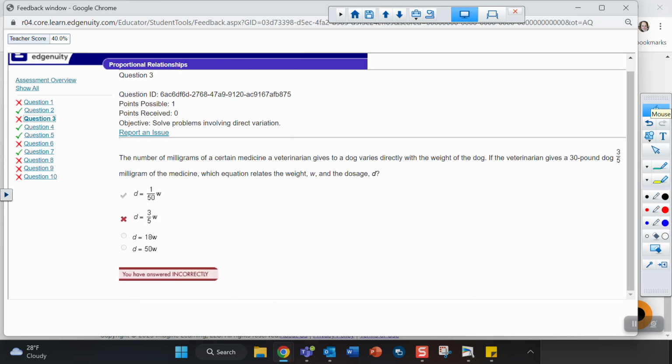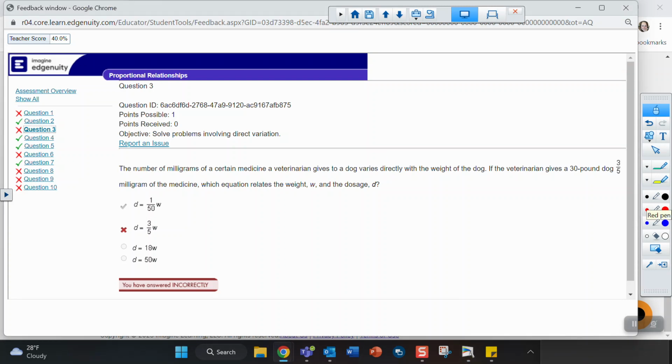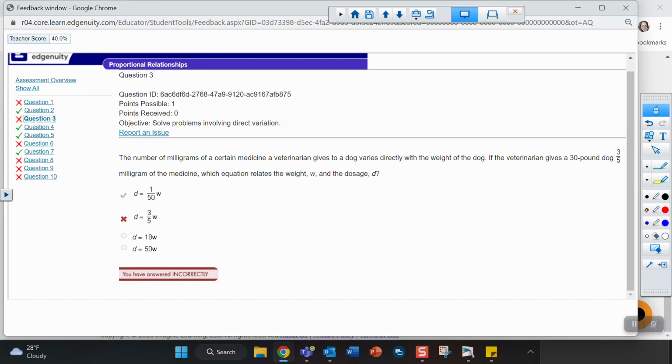Question 3 was also a question that we went over earlier today, and this one is about milligrams. It can't scroll. Milligrams of medicine you're going to give to a dog based on how much it weighs. So the dosage depends on the weight of the dog, and that can help you know which variable is going to be X and which one's going to be Y. If you look here, these are all set up so that the dosage is the dependent variable.